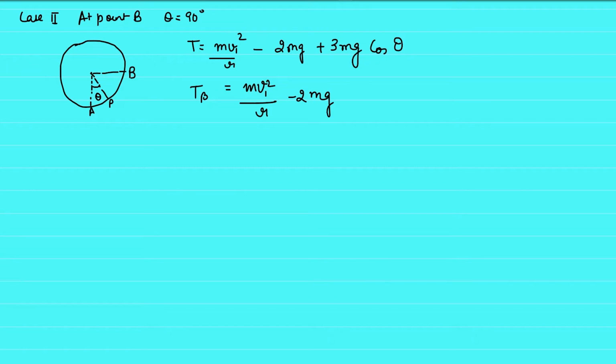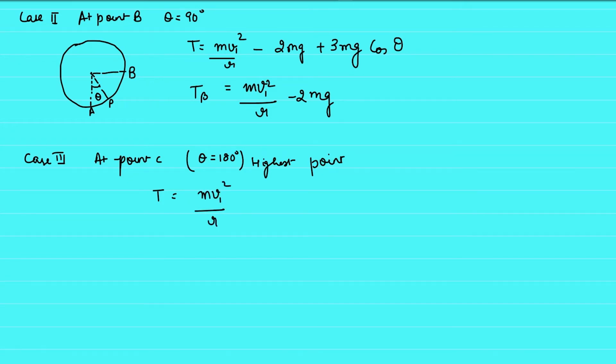Now let us find out the tension at point C, that is at the highest point. Now at point C, your theta becomes 180 degrees. Now putting the value of theta as 180 degrees in the expression for tension, let's see what we get. mv1 square by r minus 2mg. Now cos 180 degrees is minus 1.